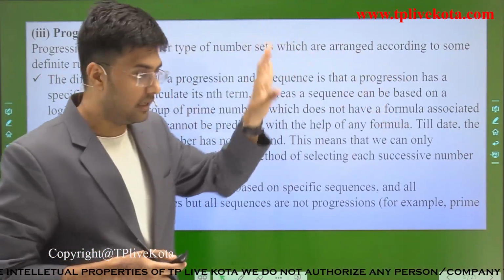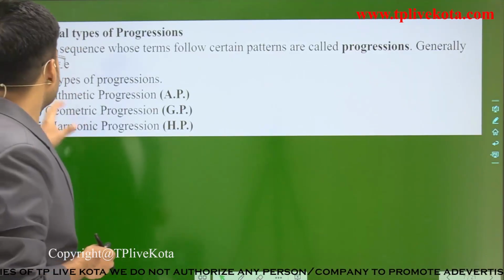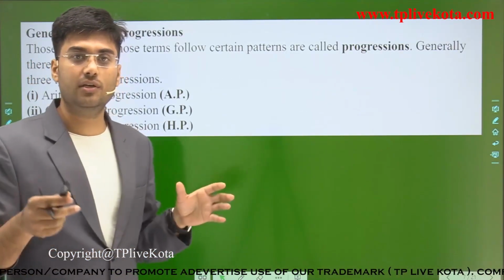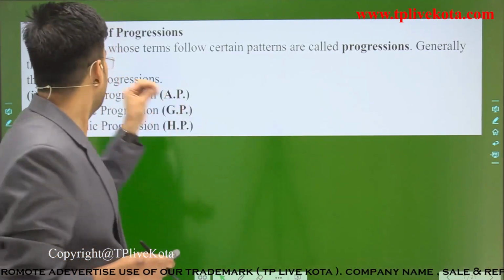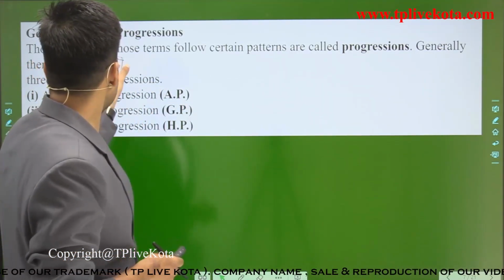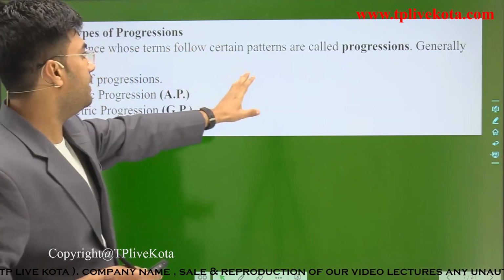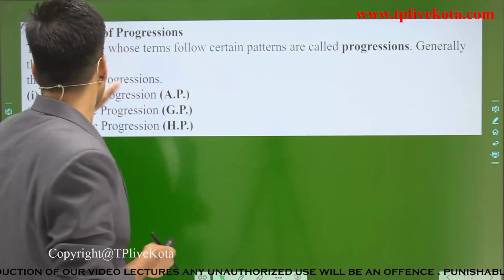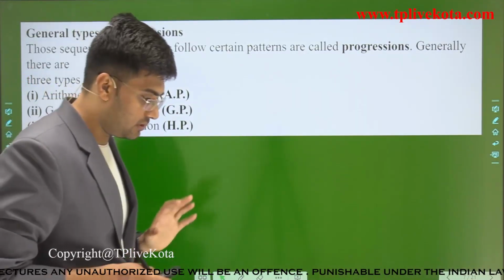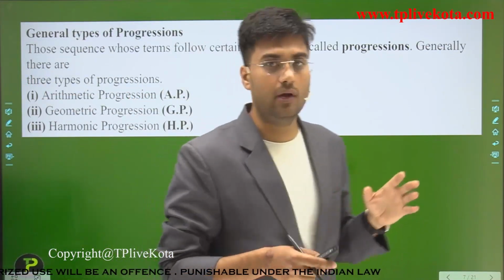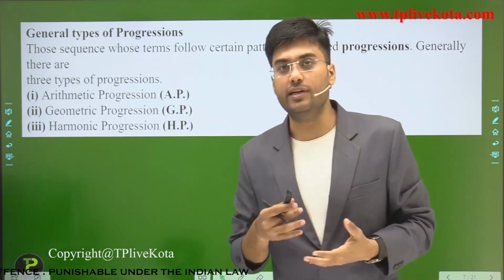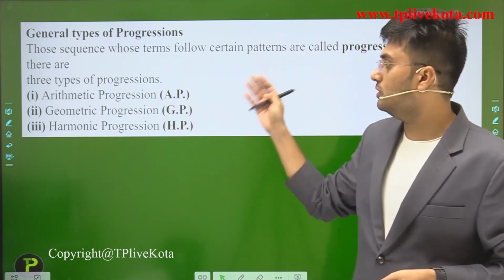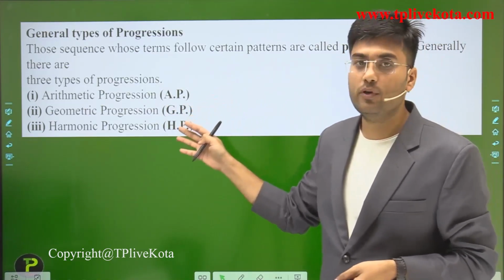Now let's discuss the general types of progressions. A sequence whose terms follow a certain pattern is called a progression. We already discussed it. Generally we study three types of progressions: arithmetic progression, geometric progression and harmonic progression.